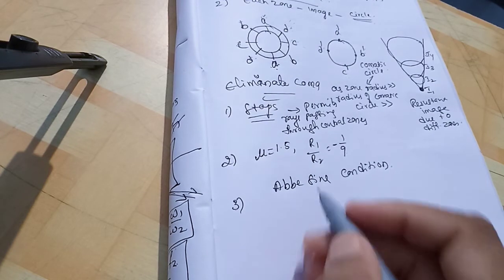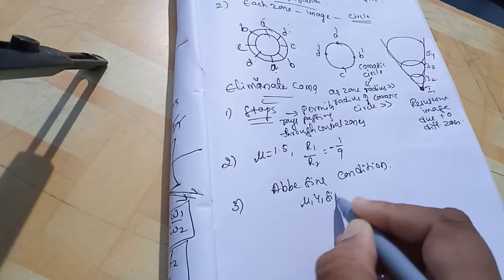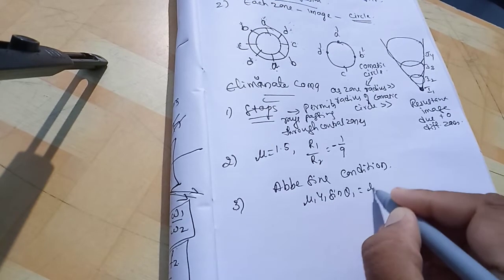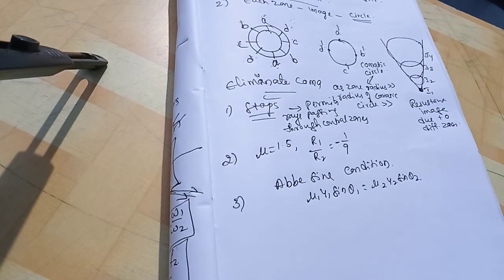So what is Abbe sine condition? Mu1 y1 sin theta 1 is equal to mu2 y2 sin theta 2. Theta 1, theta 2 are the angles which the conjugate rays make with the axis. Mu1, mu2 refractive indices of the object and image spaces.